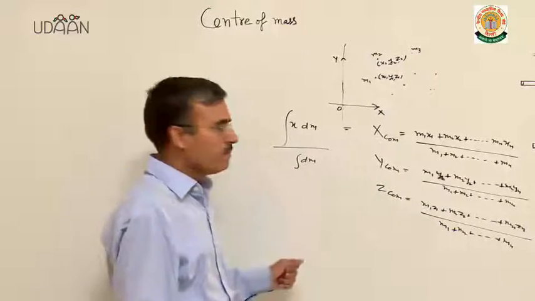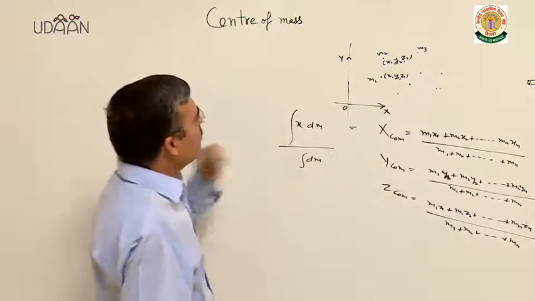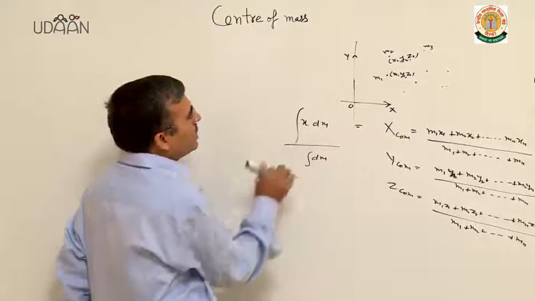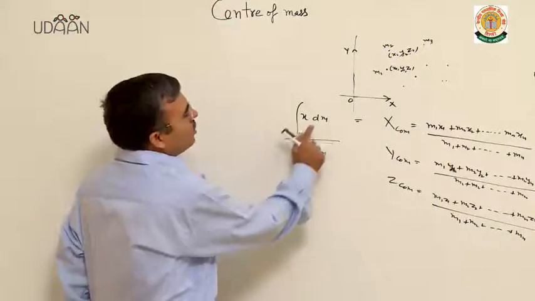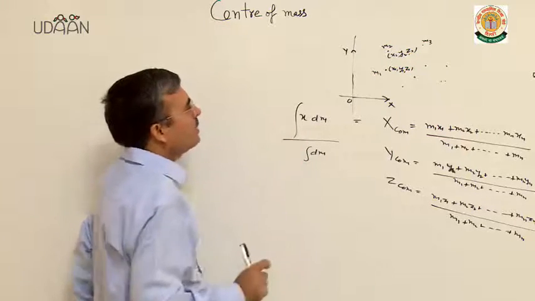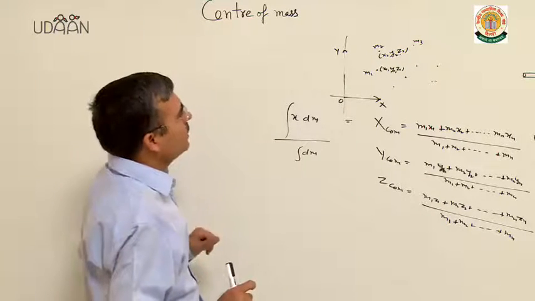Similarly z COM. For continuous bodies, what is x here? x is the x coordinate of the center of mass for the dm element. dm is the element of mass for the continuous body.